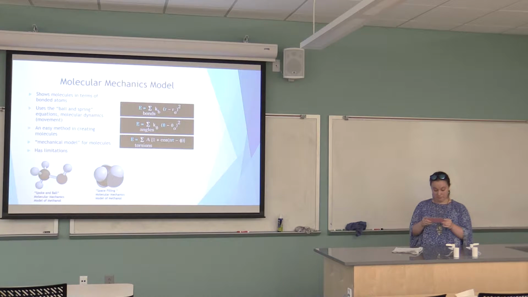Basically, it regards molecules as masses, which are the atoms, and as springs, which are the bonds, with preferred lengths and angles. It really regards it as a mechanical equation more than chemical characteristics, hence its name, molecular mechanics model.